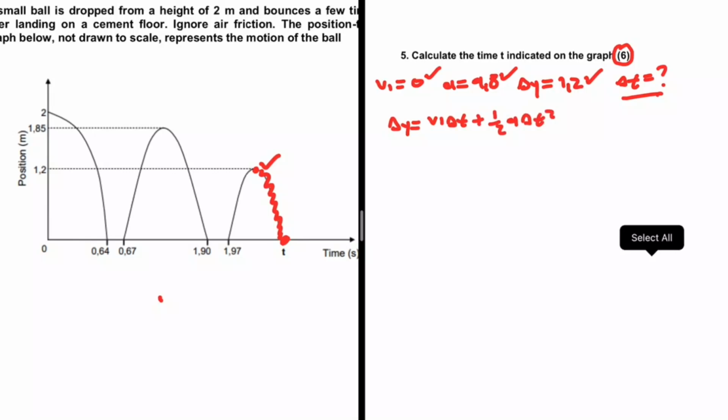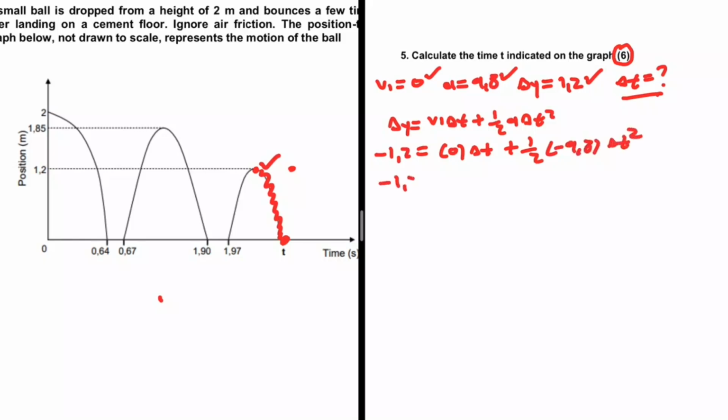So there we go. We have delta y 1.2 meters downwards, because we're starting from maximum height until we strike the ground. So we're going to have minus 1.2. VI is 0, maximum height. Delta t is what we're interested in, plus acceleration is minus 9.8, times delta t squared. So minus 1.2 is equal to 0 multiplied by delta t, that is 0, so that falls away. Multiplied by minus 9.8, that is minus 4.9 delta t squared.